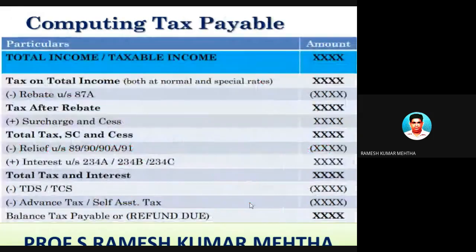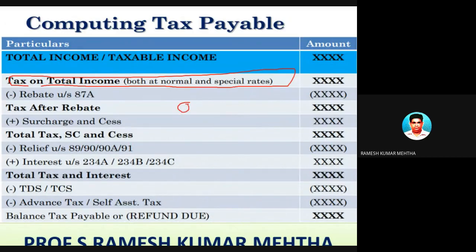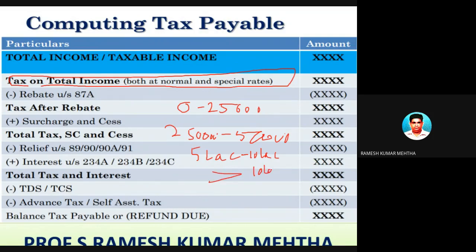After you arrive at this total taxable income, we will find out the tax on total income. For example, I told you there is a slab of 0 to 2.5 lakhs, 2.5 lakhs to 5 lakhs, 5 lakhs to 10 lakhs, and 10 lakhs above, at the rate of 0% here, 5% here.